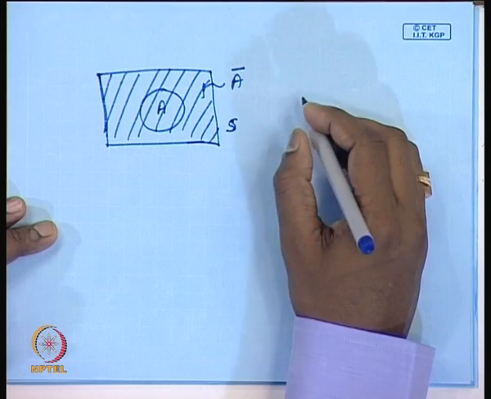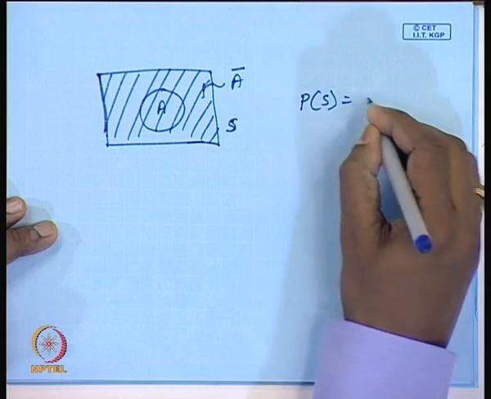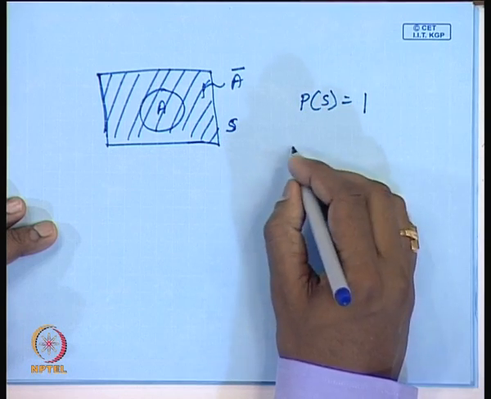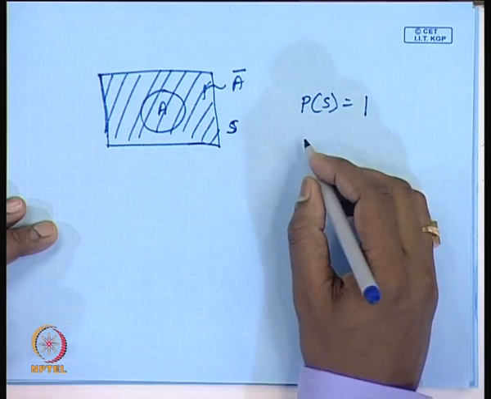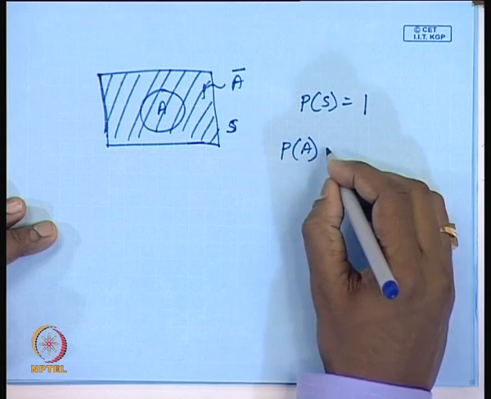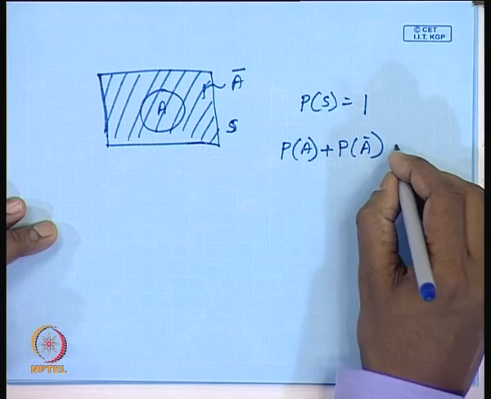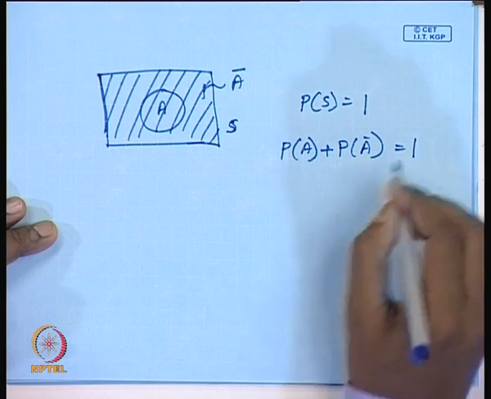Now, from the second axiom, we know that the probability of S is equal to 1. So this S we can break into the probability of A plus the probability of A complement, so that we will get this equal to 1.